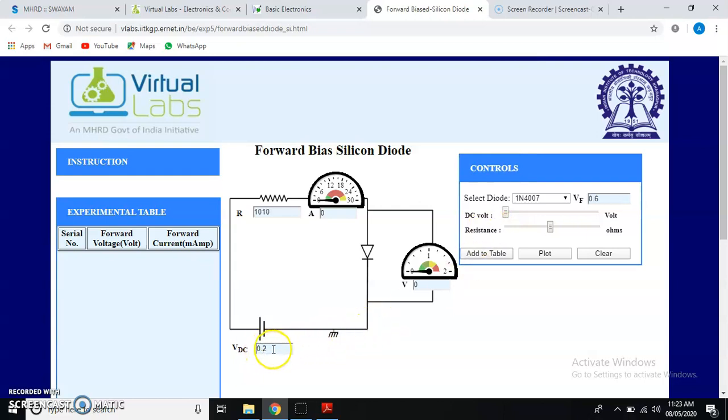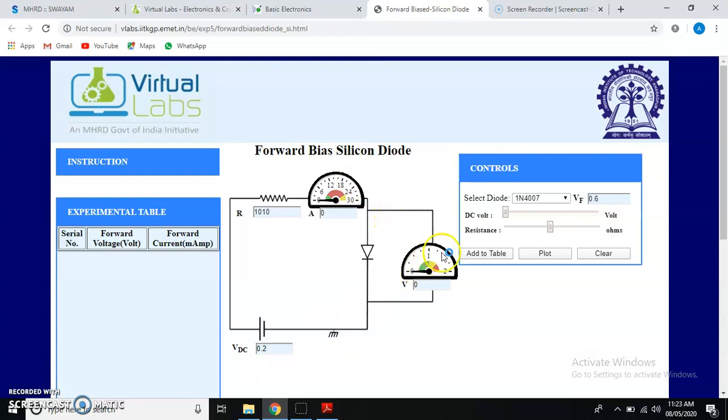Remember, at equilibrium there is a potential difference across the junction in a PN junction diode, and this external voltage should be higher than that potential to make the diode conduct. Right now it is not the case because its voltage is 0.6. So unless VDC is more than 0.6, the diode will not come into operation, and therefore we cannot get current flowing through the device.